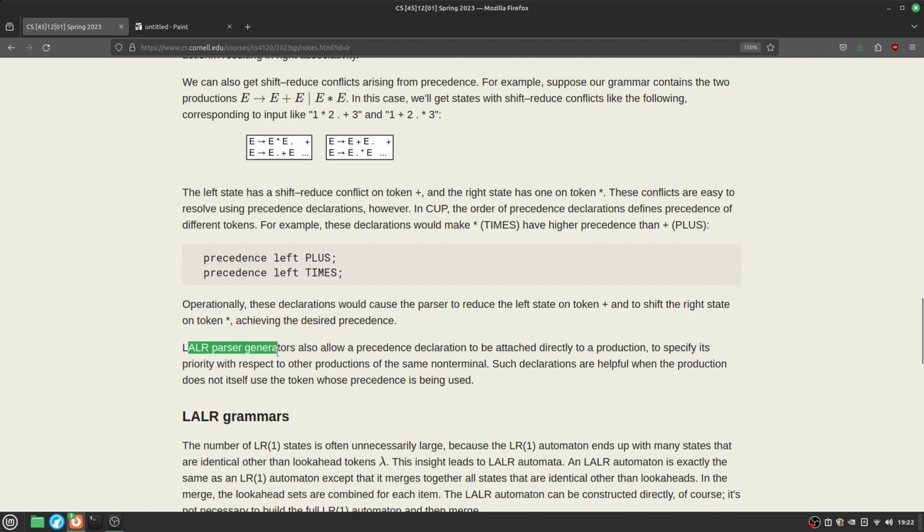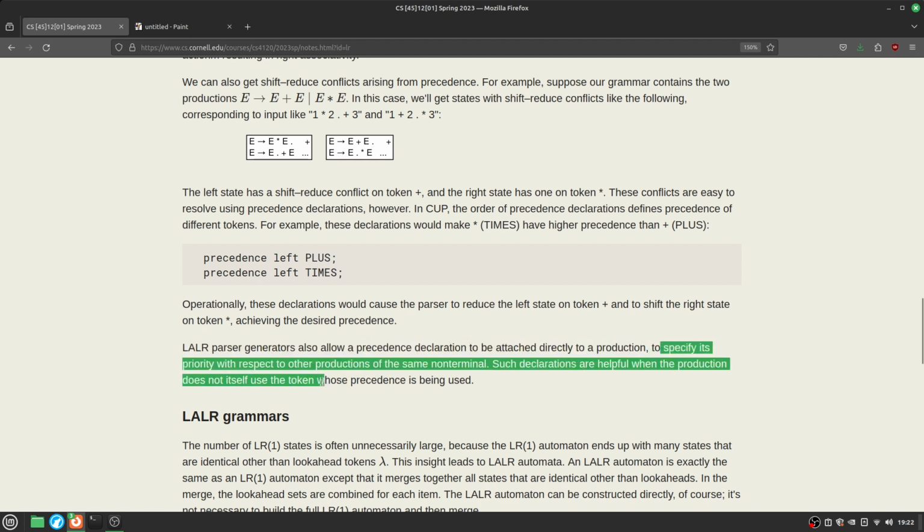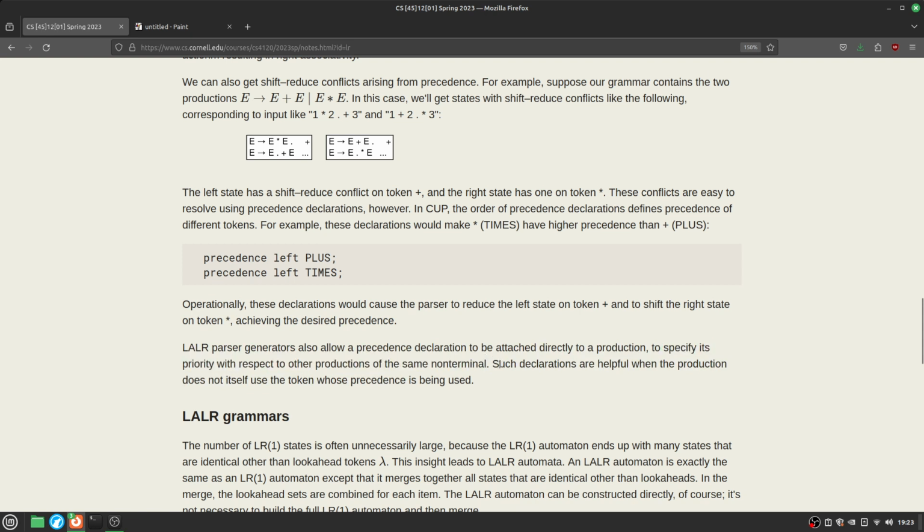LALR parser generators also allow a precedence declaration to be attached directly to a production to specify its priority with respect to other productions of the same non-terminal. Such declarations are helpful when the production does not itself use the token whose precedence is being used.